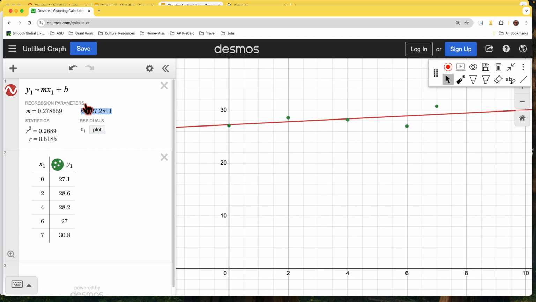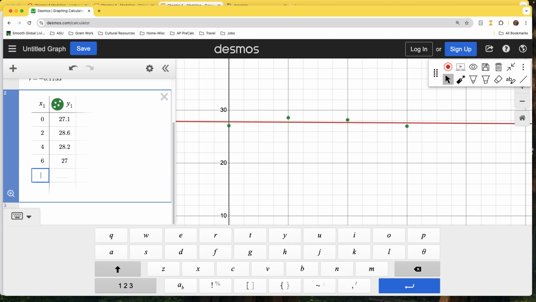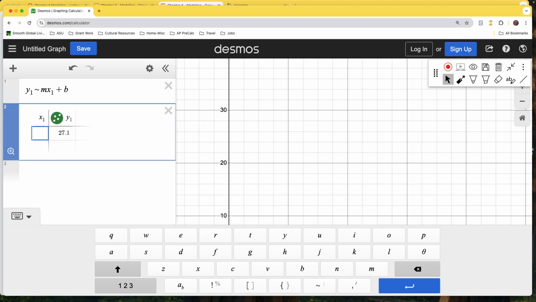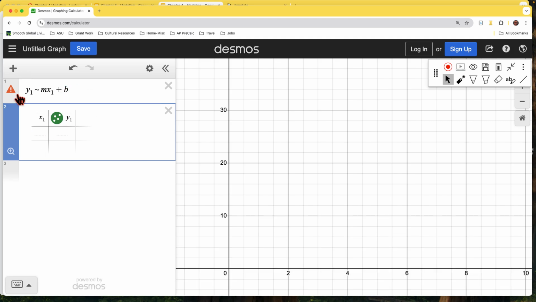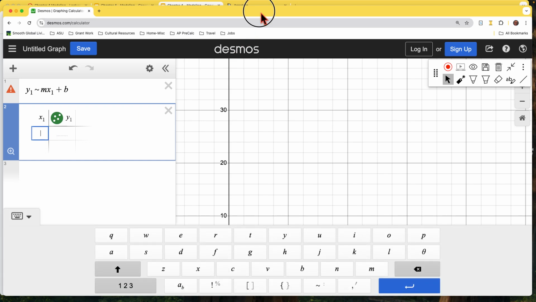I'm going to leave my table, but I'm going to come here to the end and delete. I'm hitting the delete key or the backspace key to get rid of the data. There we go, almost. And then now I'm going to put in the new data. Let me just put my data in first.